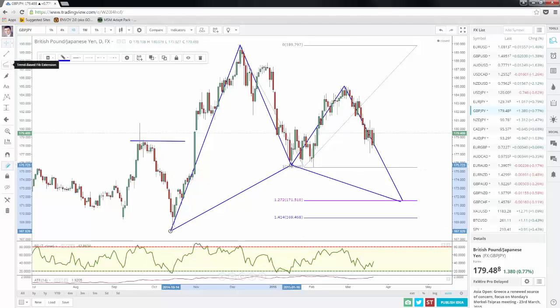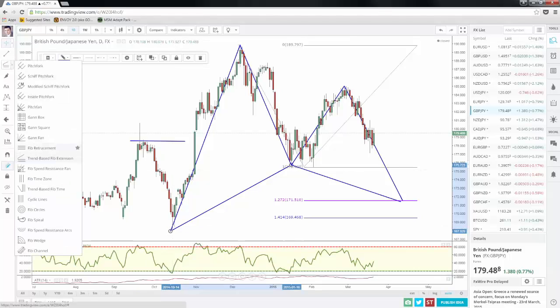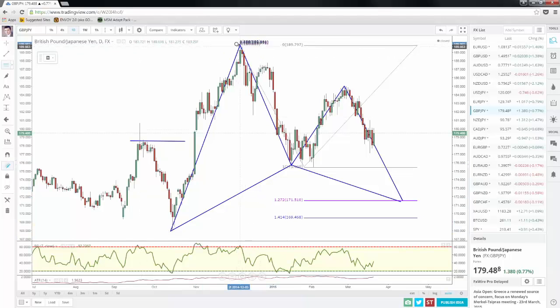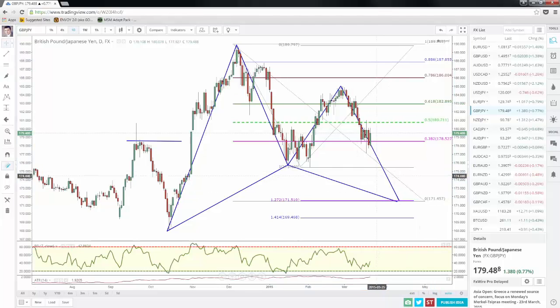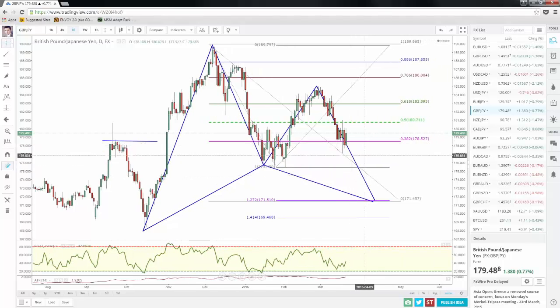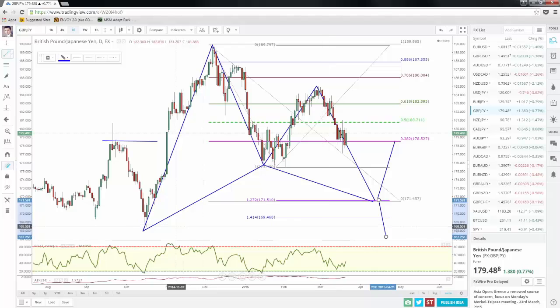So if I look at it like this, I can grab my Fibonacci retracement tool, go swing high to swing low, where I believe that the market is going to terminate at the 127 extension. And I can say with a relatively high degree of accuracy, 65, 70%, that the market will rally to the 382 before it violates the lows at X, the lows of the anchor leg.